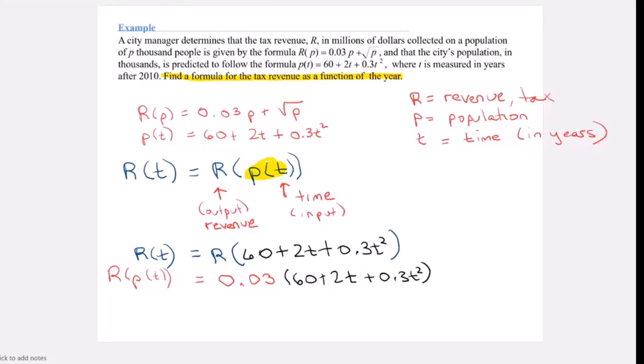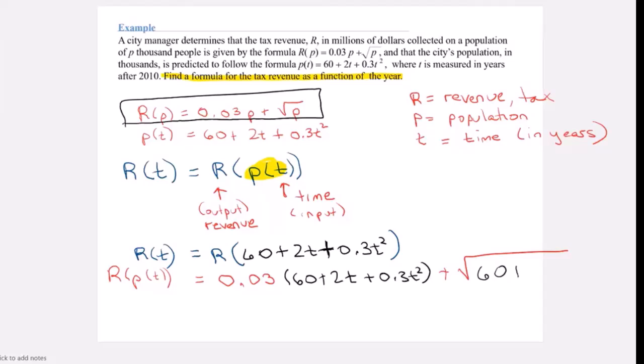By the way, notice the difference between my plus signs and my t's. I always put a little curl at the bottom of my t's so we can tell the difference, okay? So now I'm looking at this function. Wherever I see p, I have to plug in my formula for p. So 0.03p plus the square root of 60 plus 2t plus 0.3t squared.